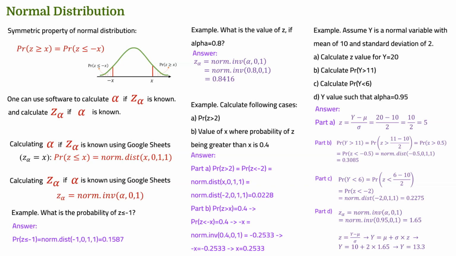Using the formula that we saw before and reordering, Y will be mu plus sigma times Z. Mu is 10, sigma is 2, Z is 1.65. If you substitute and do the calculation, Y will be equal to 13.3.